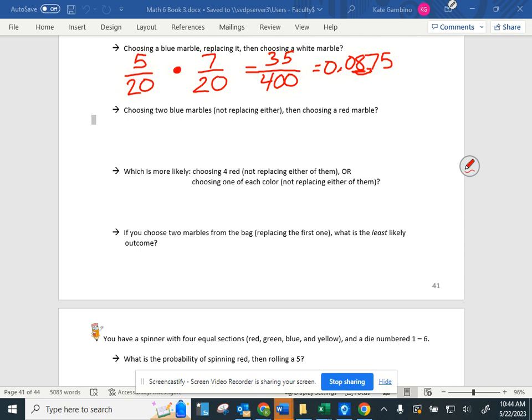What does that 7 tell us we have to do, Jillian? Round up. So you have to look at that thousandths place and know that that's 0.09. That 7 tells us that 8 has to round up. So our answer is 9%.